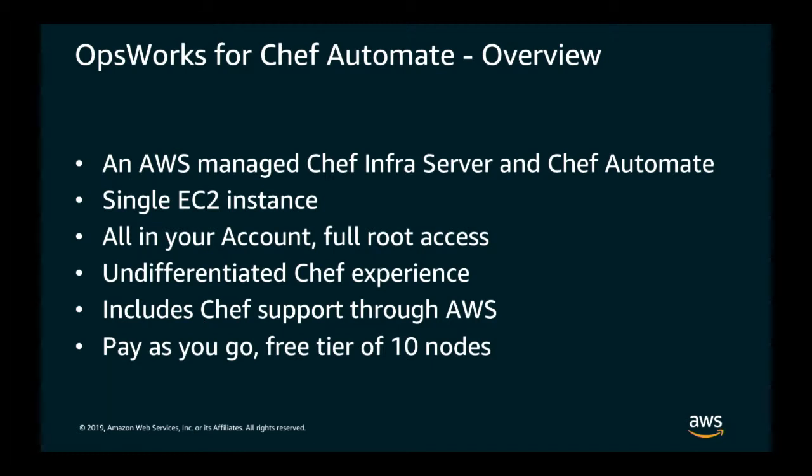The whole idea is you now have a Chef Infra Server and a Chef Automate installation in your own account. You have root access to this machine. You can customize it if necessary, but you don't have to operate it or manage it yourself, and you pay as you go per node.